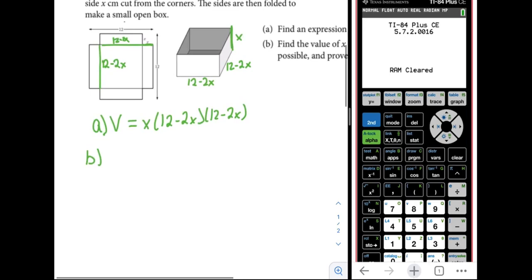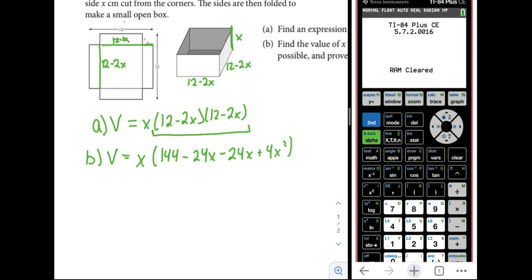So if I distribute the x, I'm going to have x, and then I can use FOIL to expand this. So when I use FOIL to expand this, we're going to get 144, which is 12 times 12, minus 24x minus 24x plus 4x squared.